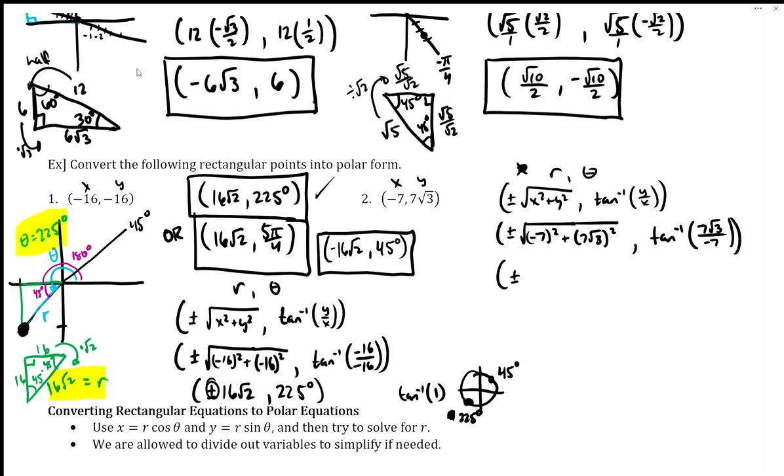So I've got plus or minus square root, -7 squared is 49, and then plus 7 squared is still 49, times square root of 3 squared would have been 3. So I do need a little scratch work. It would have been 49 times 3, so 147, comma. And then notice in our tangent inverse, the 7's cancel, and I would have a negative radical 3.